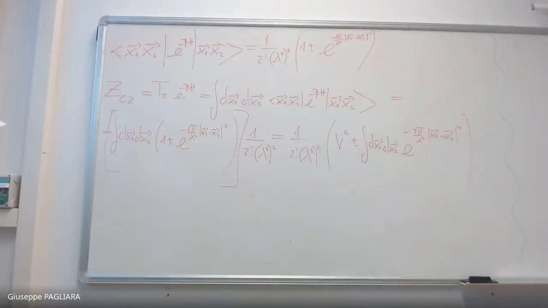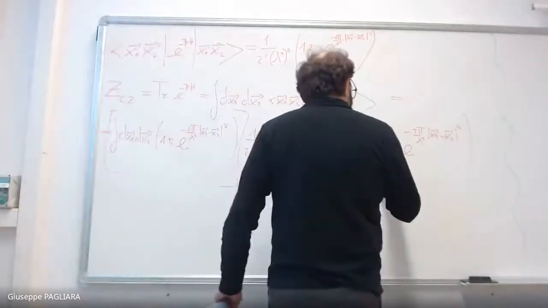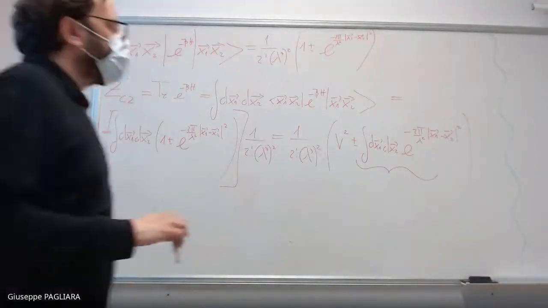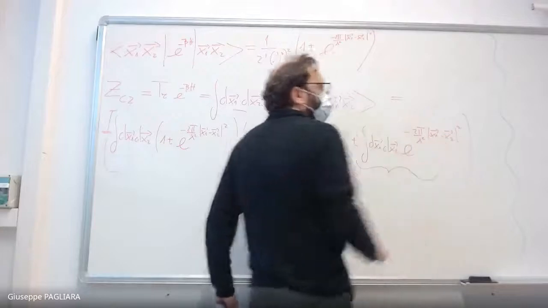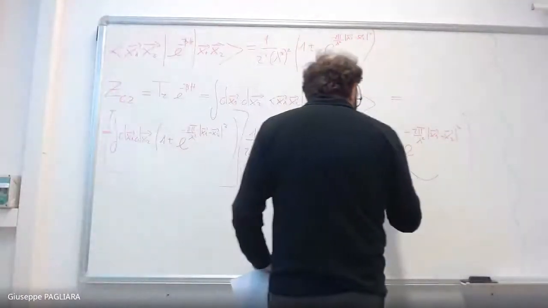Okay, now I have to deal with this integral, and actually there is a trick that we can use. This is a double integral in x1 and x2, but actually here the dependence in the function is just from the difference. So then I can introduce two variables.